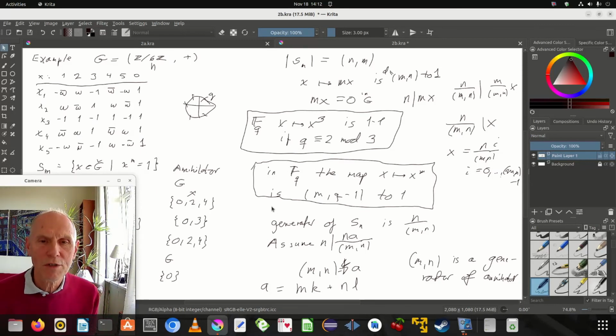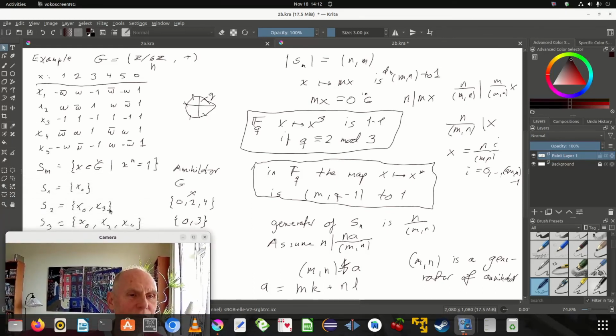From here on it was not smooth sailing, because I wanted to prove that when they are the annihilator of S2, then they are squares.